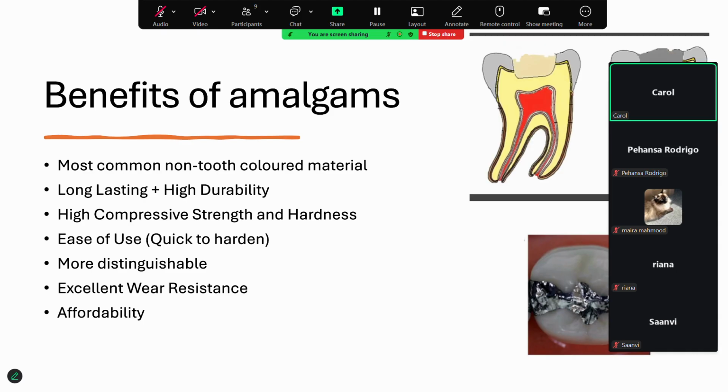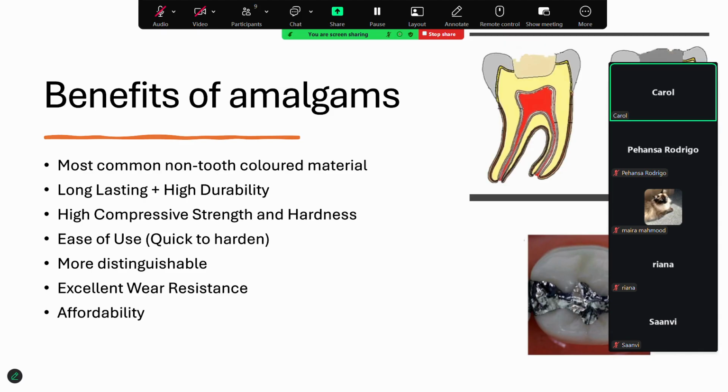They are also quite distinguishable, which means that they're more easy to identify due to them having a non-tooth color. For example, in the first image, it shows two different teeth, one with a composite filling and one with a dental amalgam. The first one's color is more tooth colored.